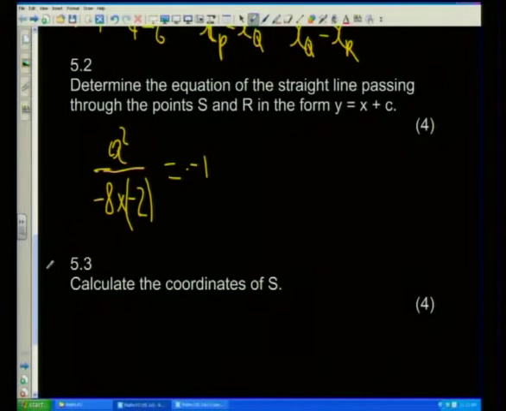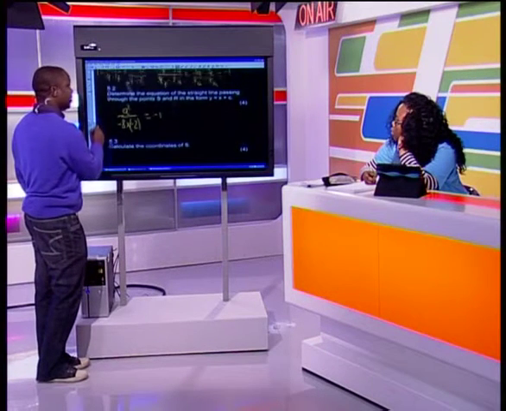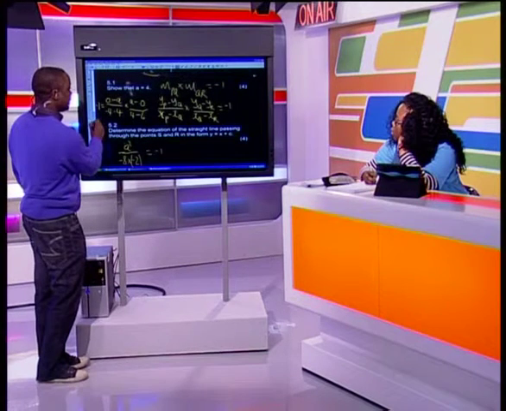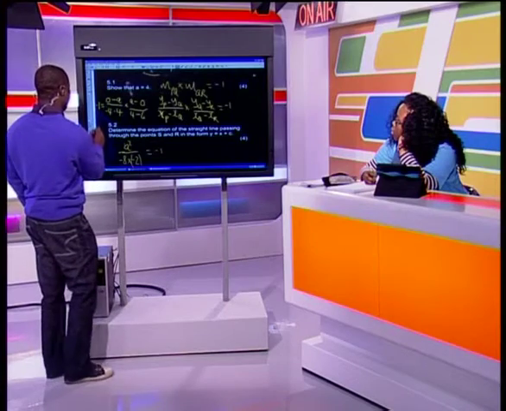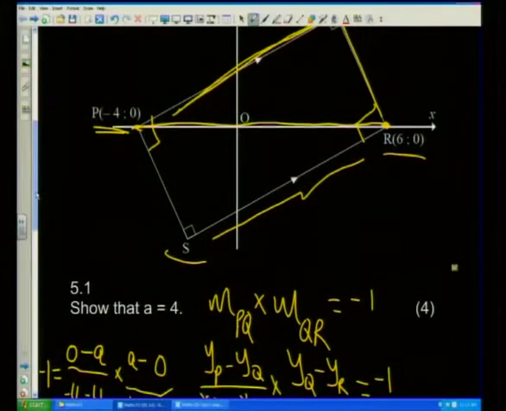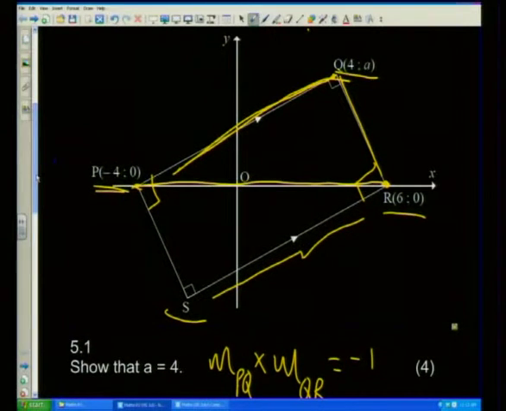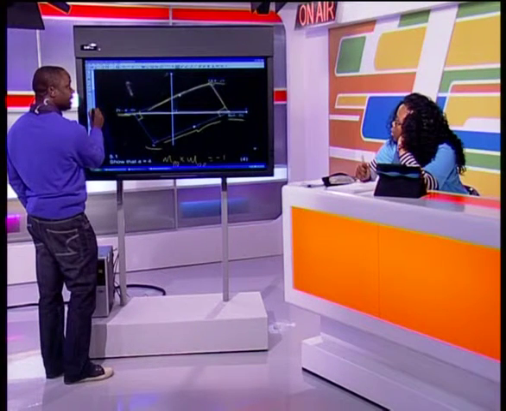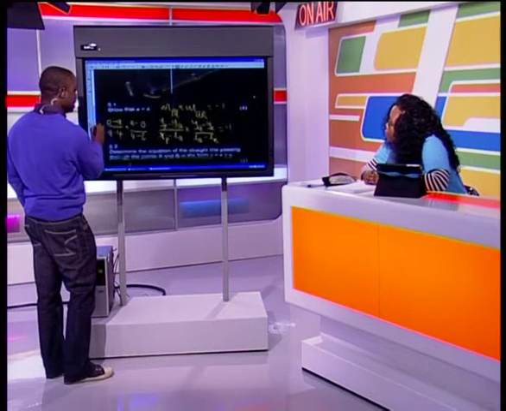Now, this result is supposed to be positive. I'm trying to pick where I made a mistake. 0 minus A. Do you mean the value at the bottom is supposed to be positive? No, the result, because now we can't square root a negative value. 0 minus A, the minus 4, it's minus 8. That one is A minus 0 divided by 4 minus 6.